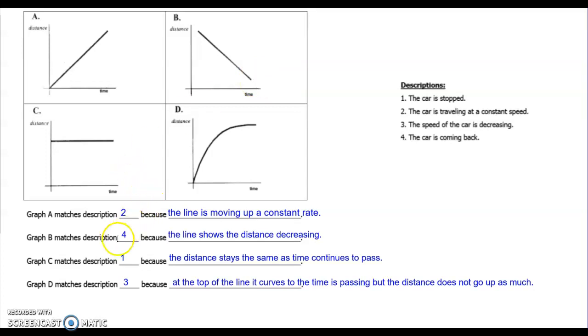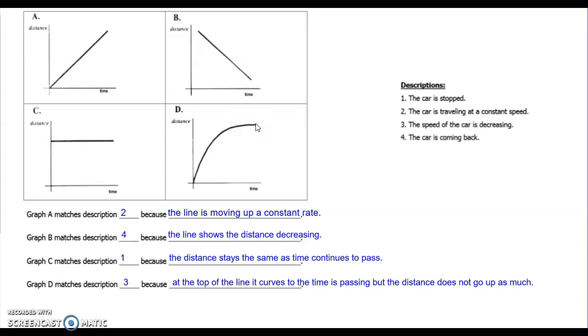That is number 4. On C, the car is stopped. We see the distance, they went so far out and they quit, and the distance is not changing, but the time is continuing on. So the car is stopped. And then on D, they increased at a pretty steady rate, and then the distance stopped increasing as rapidly, but time continued to go.